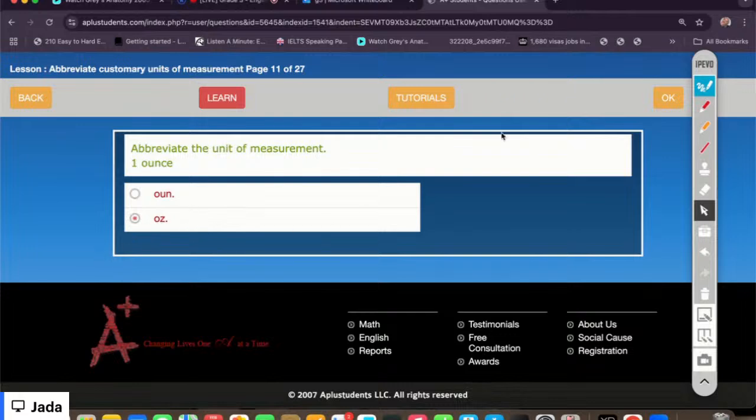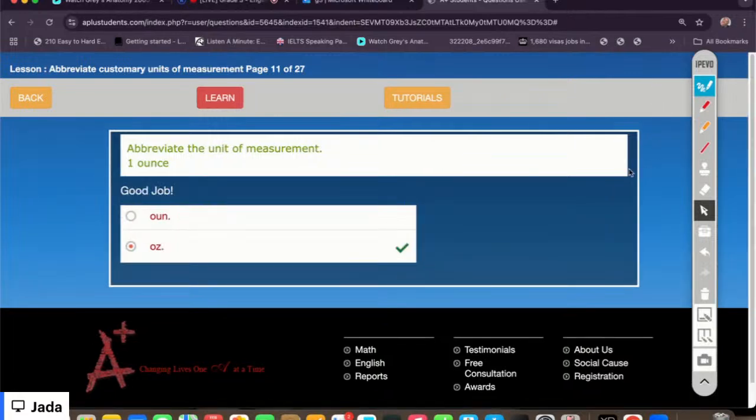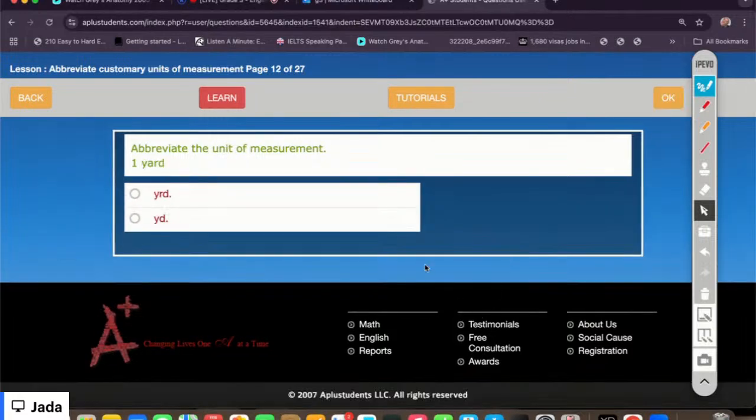Okay, so OZ. Okay, good job. So we have 1 yard.